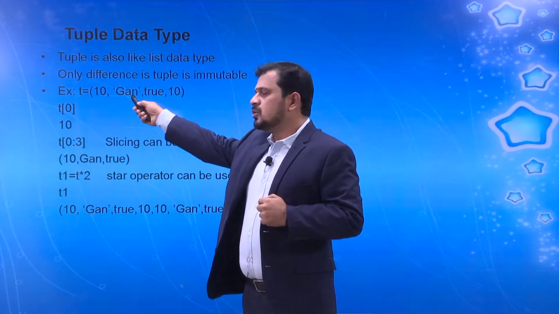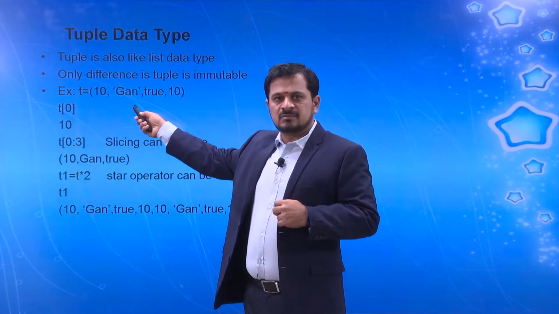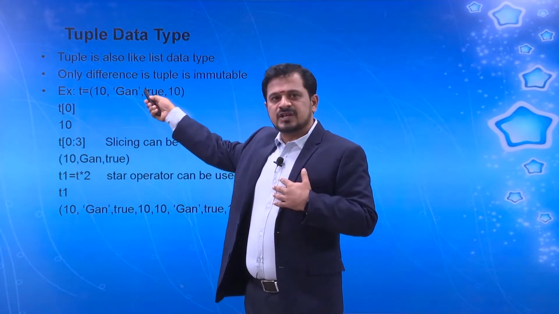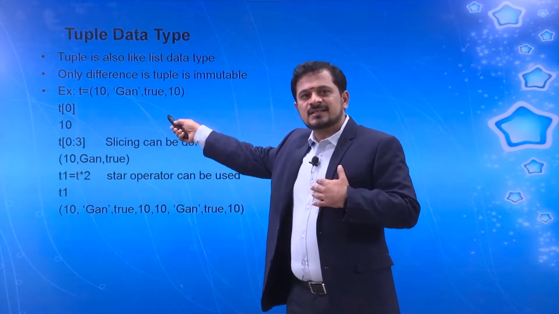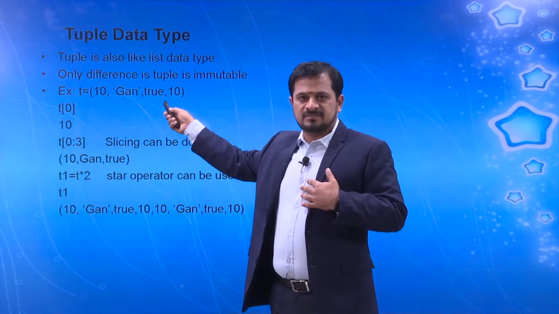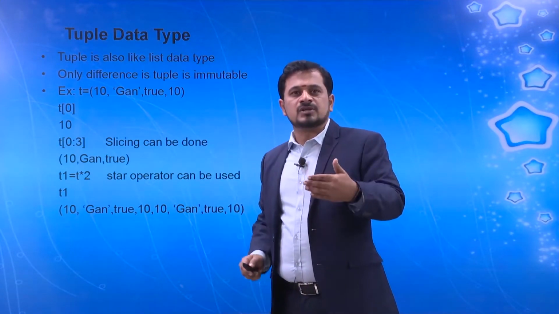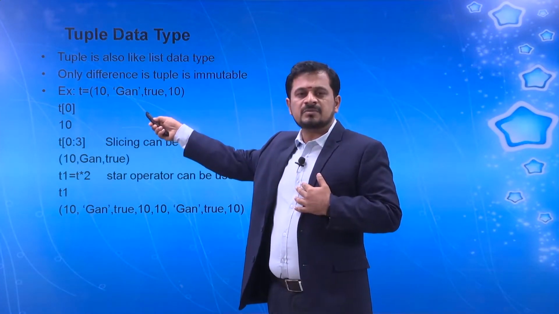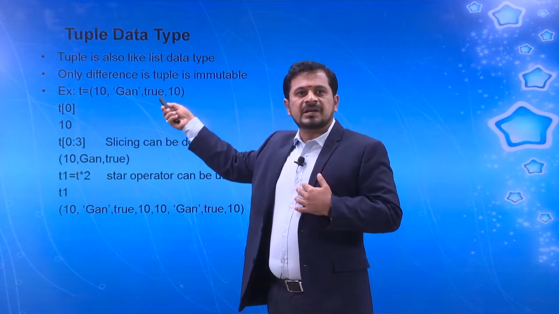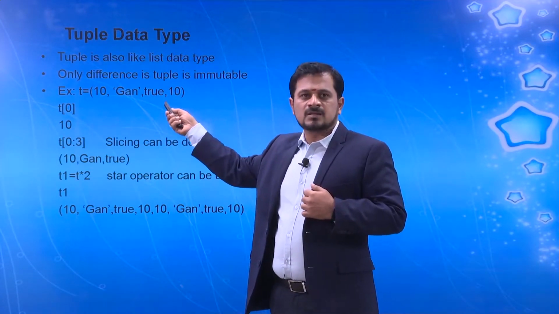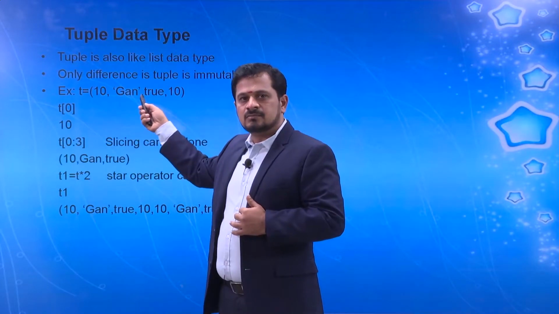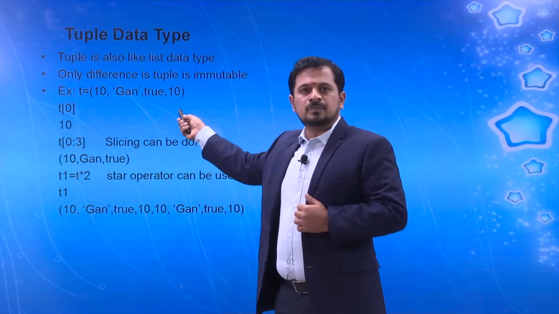Inside the single quotes, GAN, the short form of my name, is the second string data. The third data type is the boolean. Either true or false you are allowed to use. So true is the boolean data, and then again I have given duplicate data. So you see the first integer data, string data, boolean data, and the duplicate integer data.